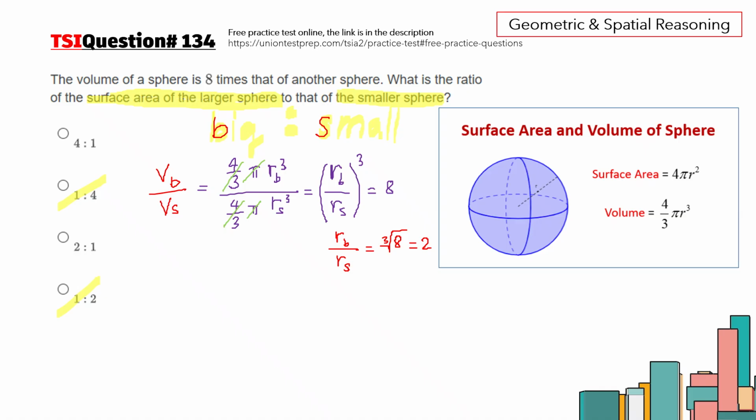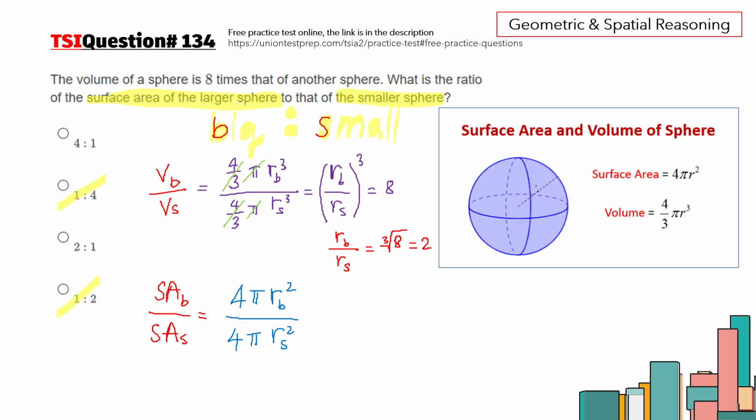Now what they're asking is the ratio of the surface area of the larger sphere, the SA of the bigger over the surface area of the smaller sphere. The formula is 4 pi r of the big one squared, over 4 pi r, the radius of the smaller one, squared.